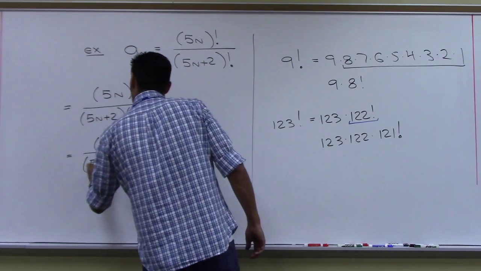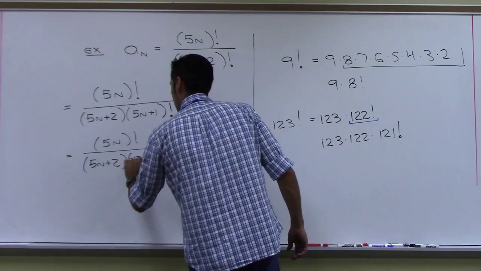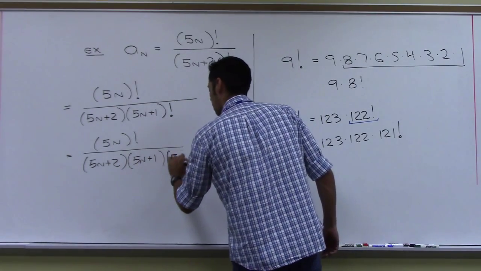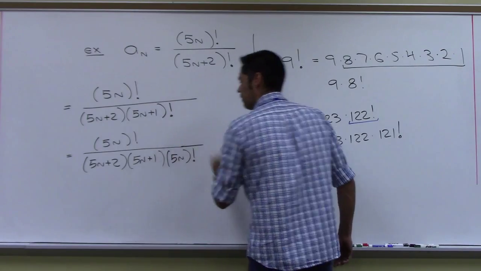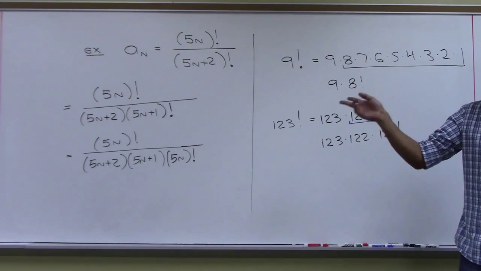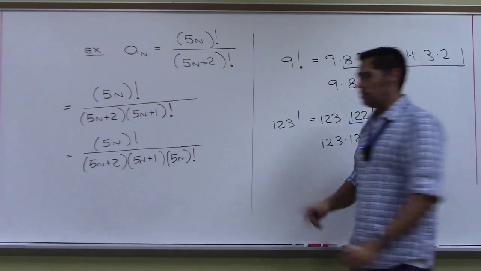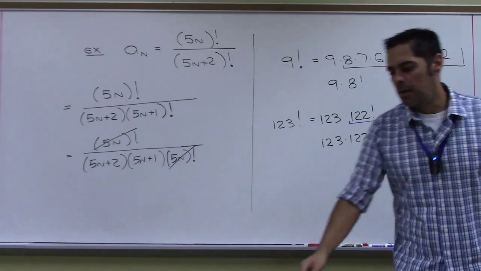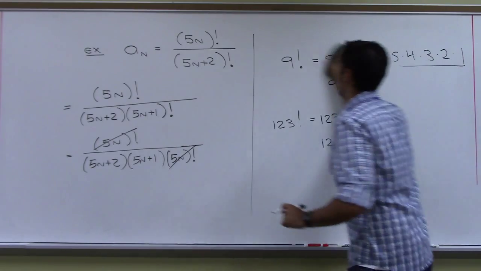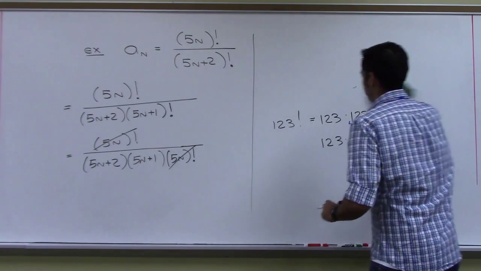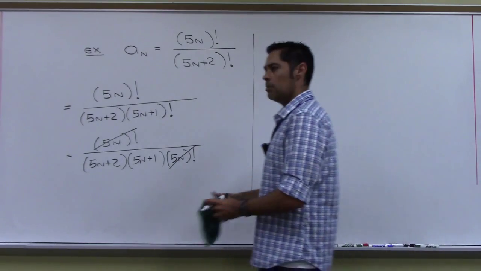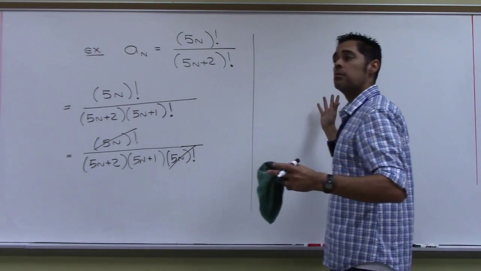5n plus 2, 5n plus 1, and then what? 5n factorial. And now those factorials are identical, and they cancel. And now you just look at that expression right there. So you just brought it to like 0 factorial? Because there's no more factorials.